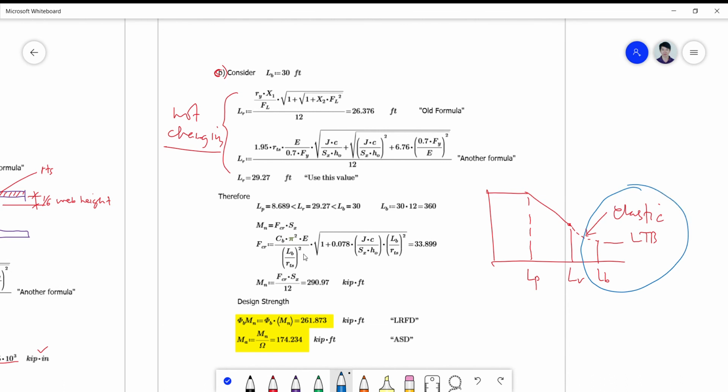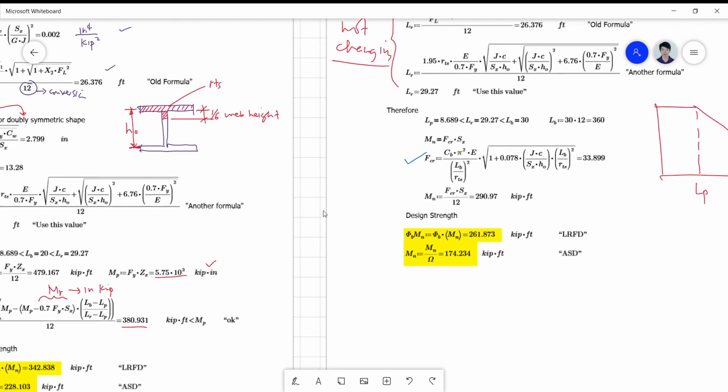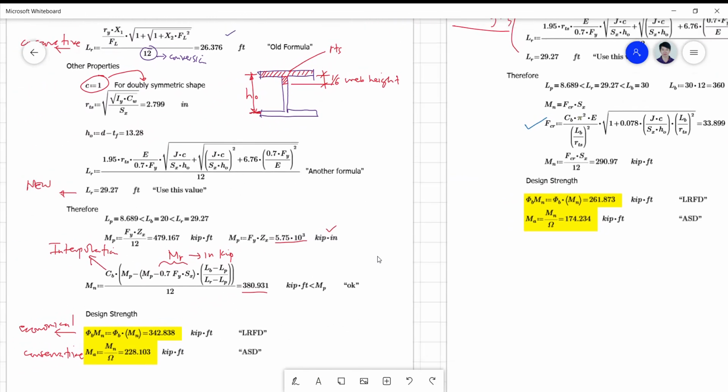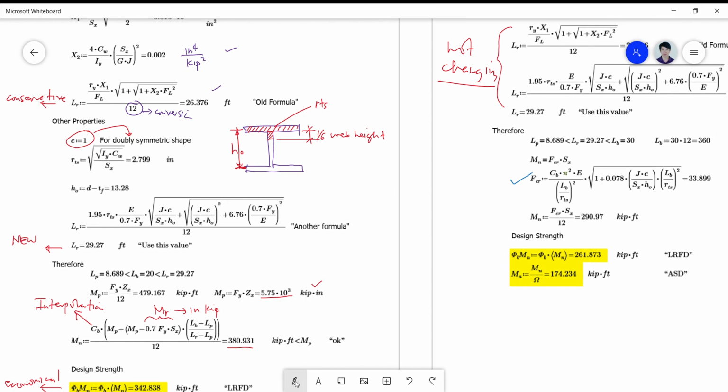Okay, so we belong to this region. So our formula now becomes a critical moment formula in terms of FCR. FCR is the critical stress that gives you now the critical moment, MCR equivalent to MN. I just like to add here on the letter B requirement that our solution falls on the value of your interpolative function.